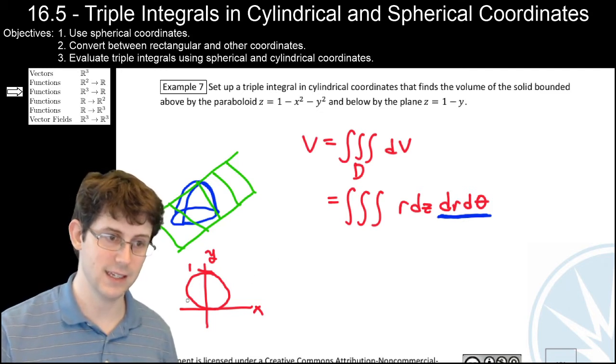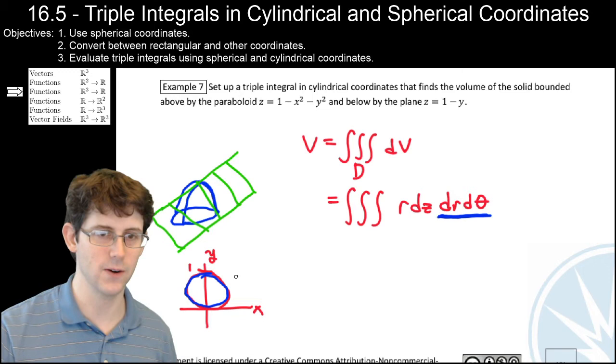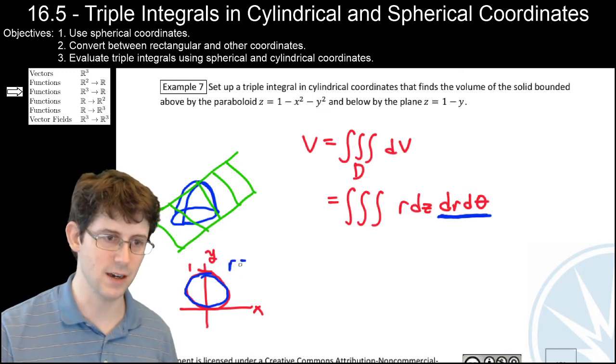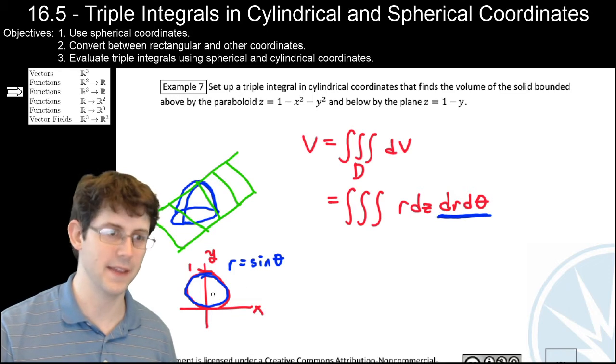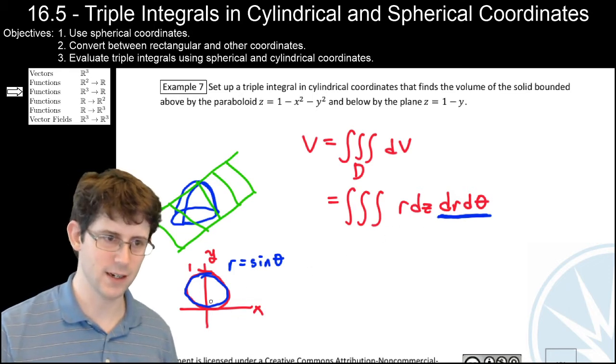If we think about this shape in the r theta plane, and I hinted at this in that section long ago, this circle has an equation of r equals sine theta. r equals cosine theta would be over here on the x-axis. So my r bounds are going to go from r equals 0 out to r equals sine theta.